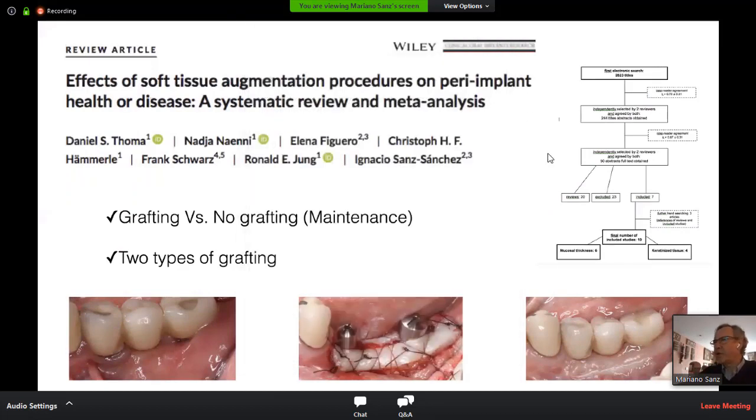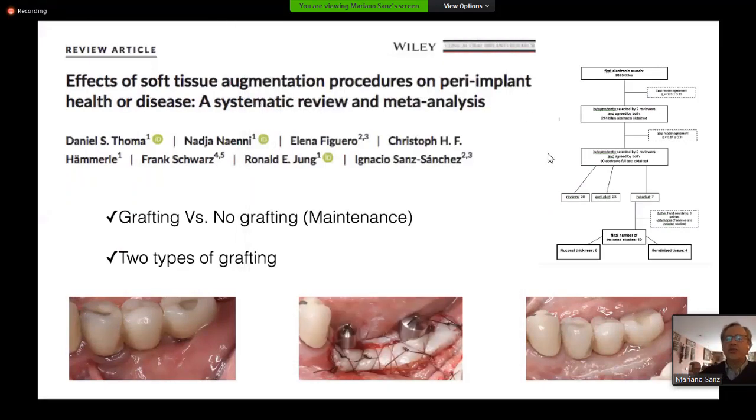Is there an important impact of tissue augmentation in peri-implant health? This is a question that we tried to solve when our group, together with the University of Zurich's group, tried to answer this question in a systematic review.